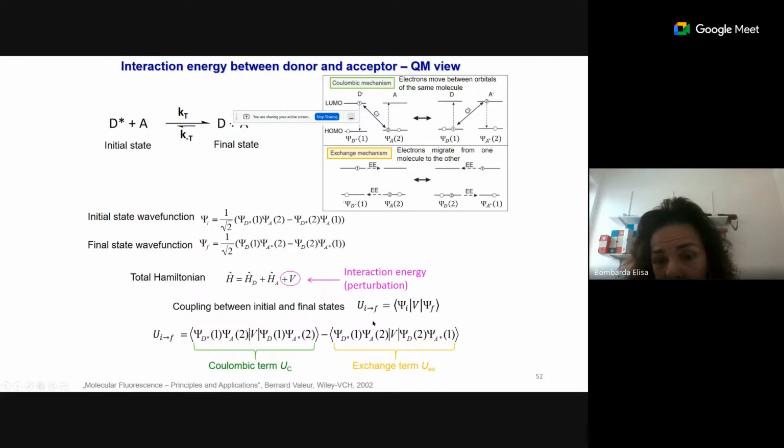Okay, so this matrix element has two contributions: the Coulombic part and the exchange part.